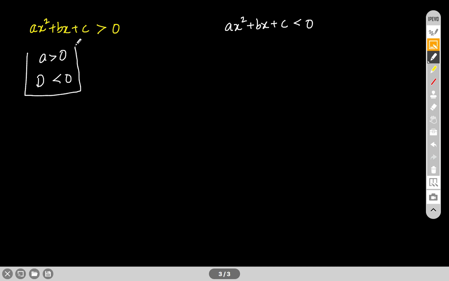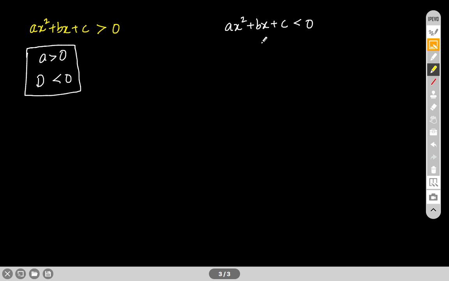What about this case? It should be the opposite. A should be less than 0, and D should also be less than 0. If a is less than 0, then it will be a frowny shape, and it should not touch the axis either. So what should be the condition?